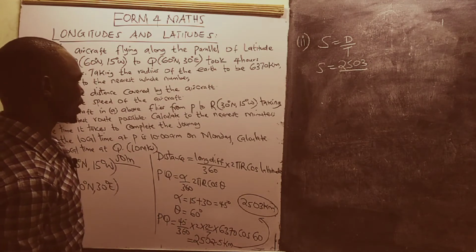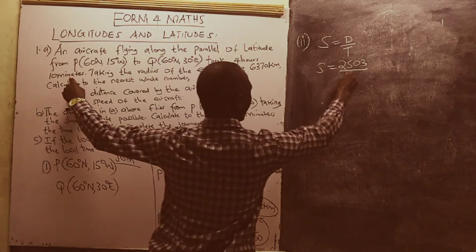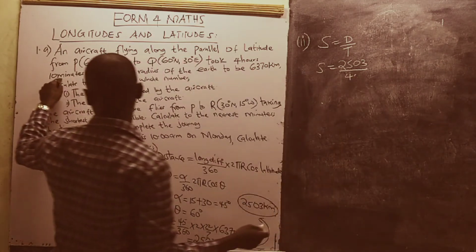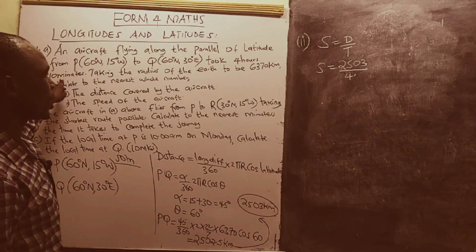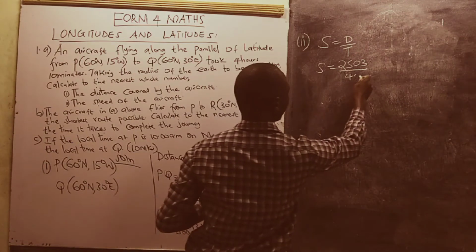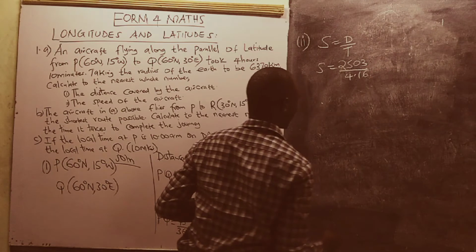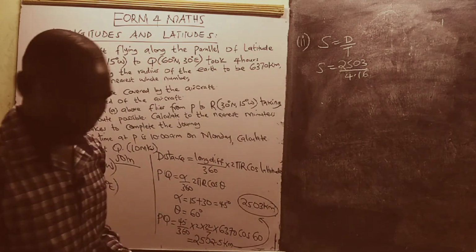4 hours 10 minutes is 4 plus 10 divided by 60, which gives us 0.16, and therefore it is 4.16 correct to 2 decimal places.